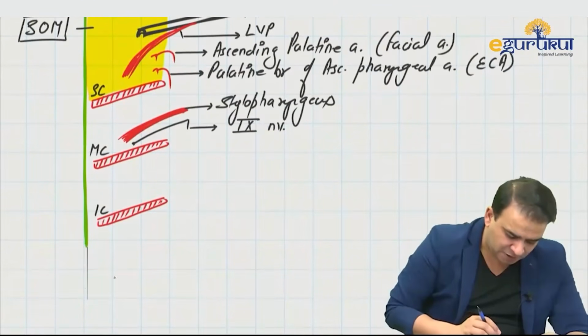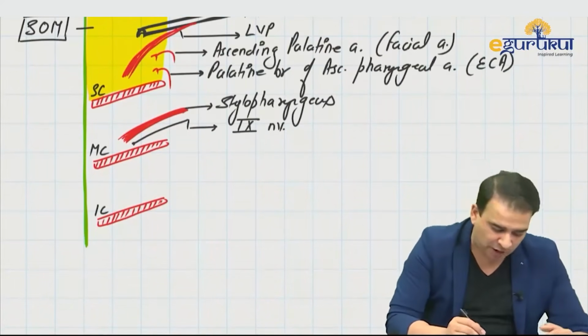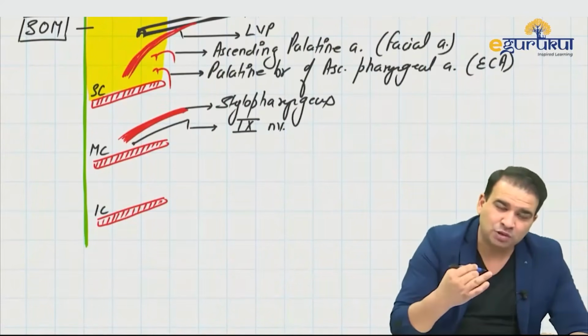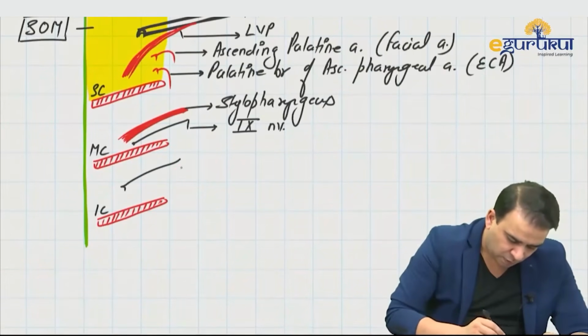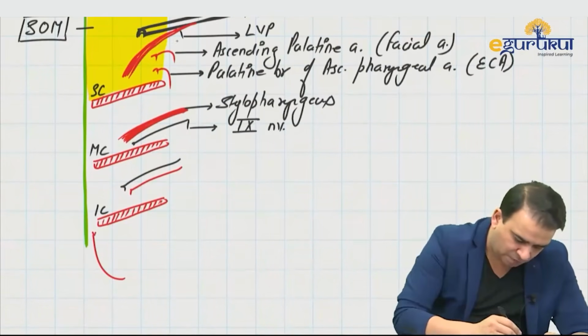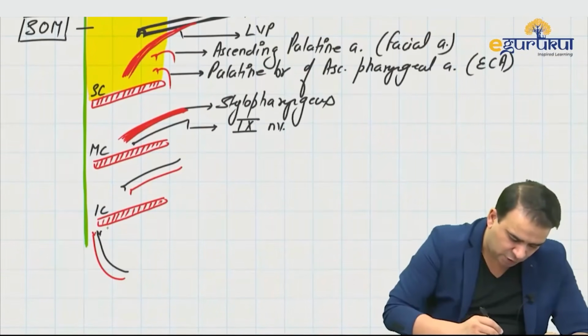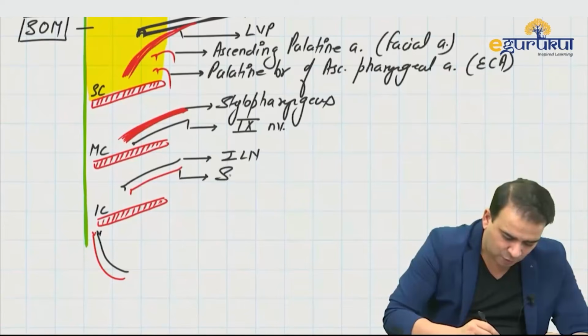Between middle and inferior constrictor, you just have to think about what? That is the structures piercing thyroid membrane and supplying the mucosa of the larynx above the vocal cord. So one nerve, one artery here. Similarly, one nerve and one artery below the inferior constrictor in the tracheoesophageal groove. So nerve here is the internal laryngeal nerve, and the vessels will be the superior laryngeal vessels.